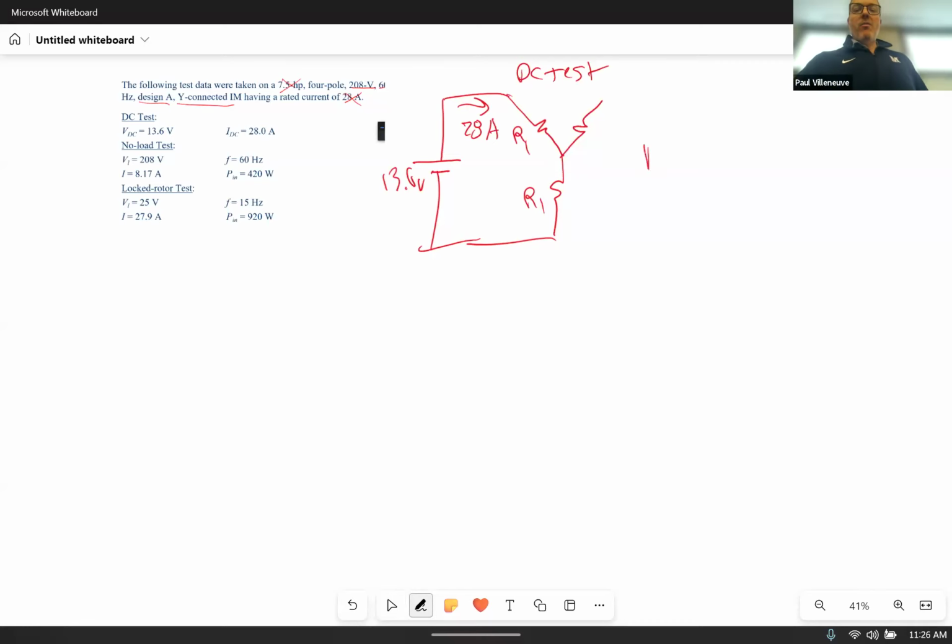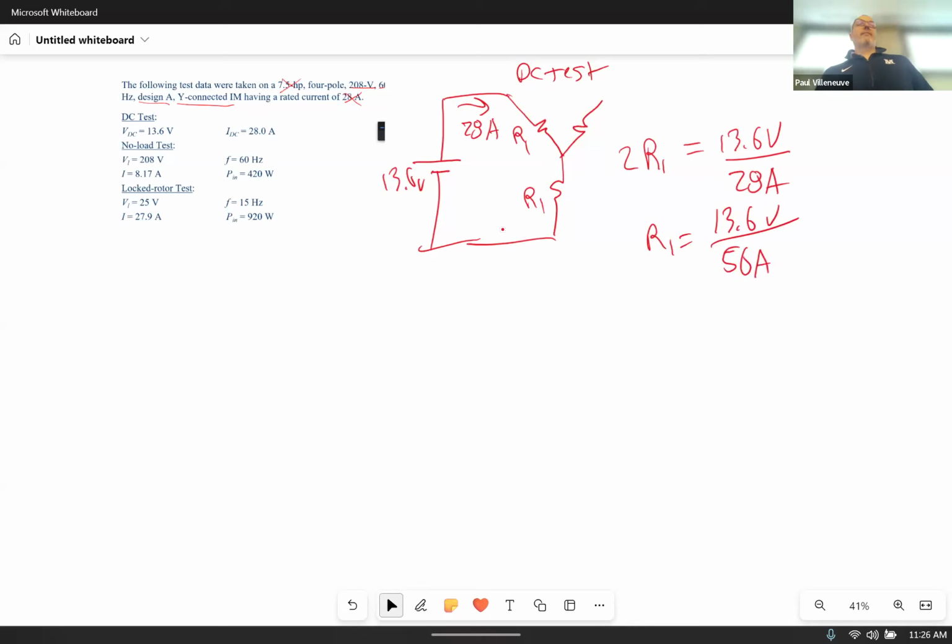So my 2R1, because I have 2 of those in series, is equal to 13.6 volts divided by 28 amps. So R1 is equal to 13.6 volts divided by 56 amps. DC test.